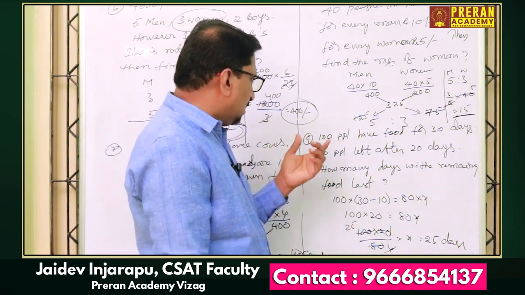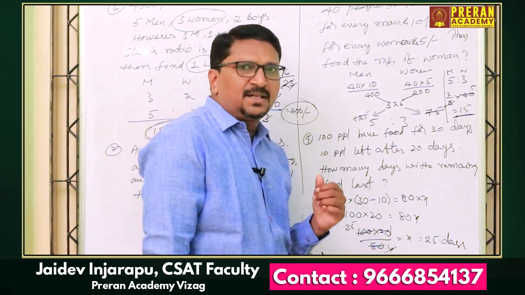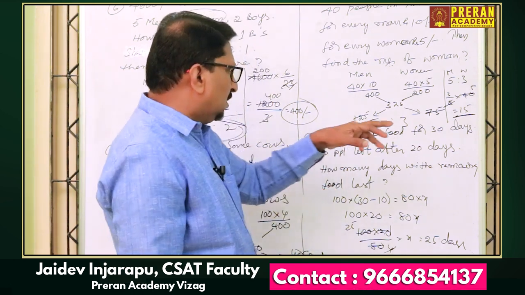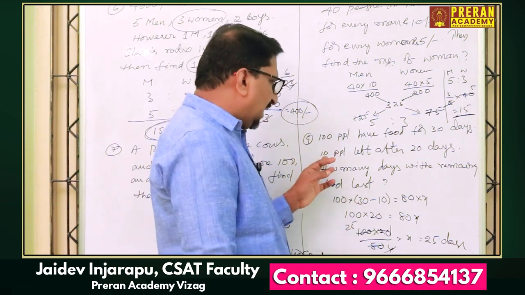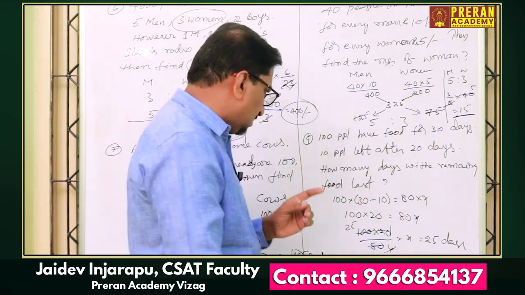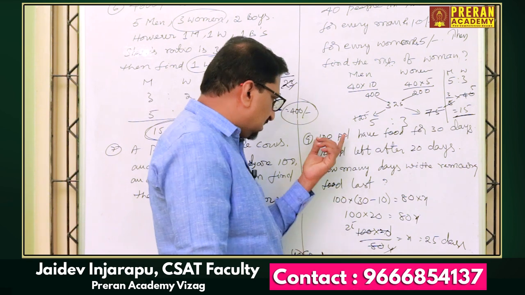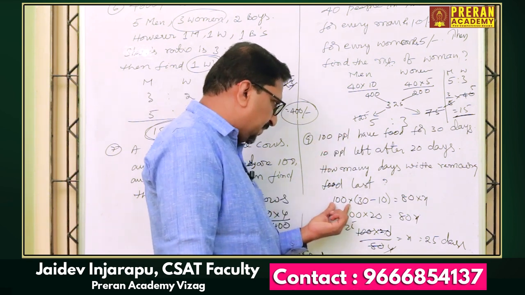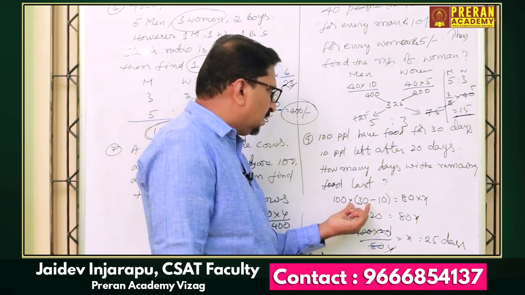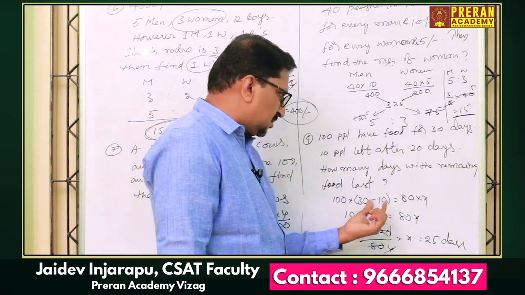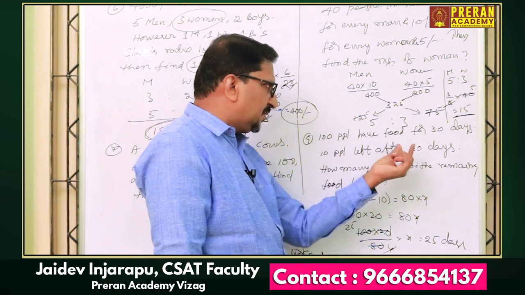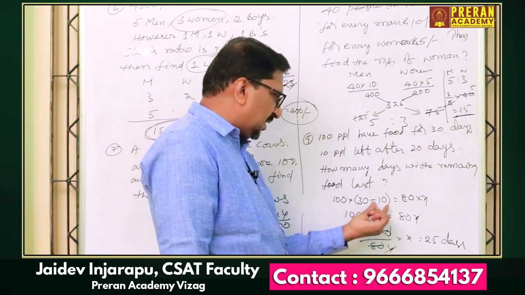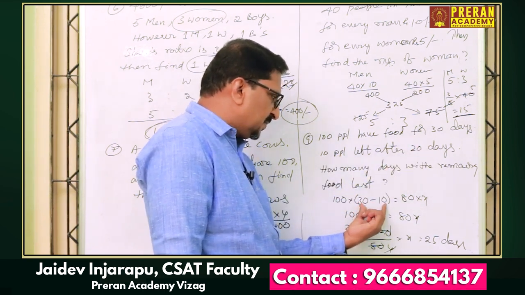Interesting. There are totally 100 people, and they have food for 30 days, but 10 people left after 20 days. So that's why I have written this equation like this: 100 into (30 minus 10), because 10 people left after 20 days. So 30 minus 10, so 20 days.